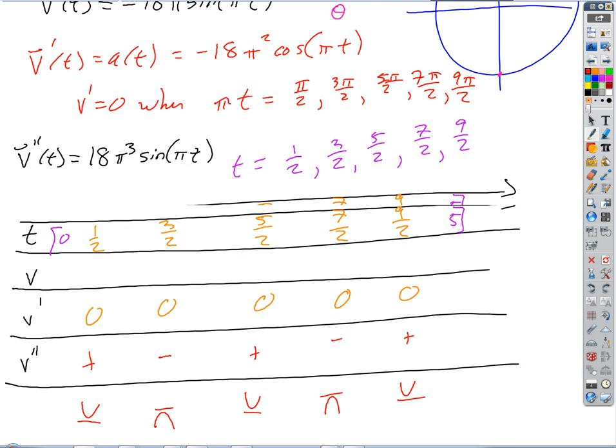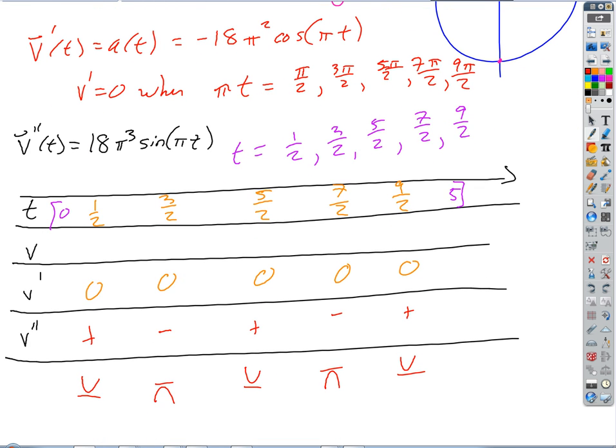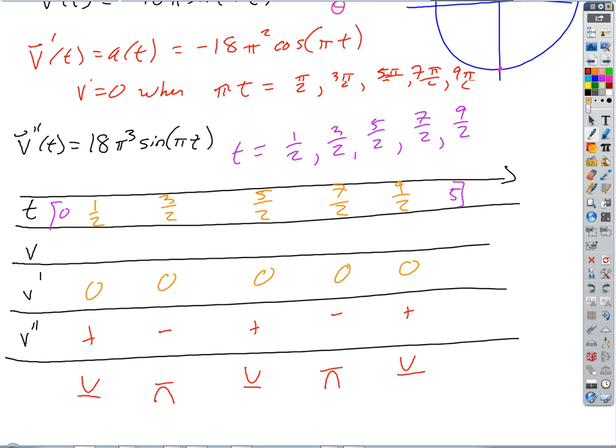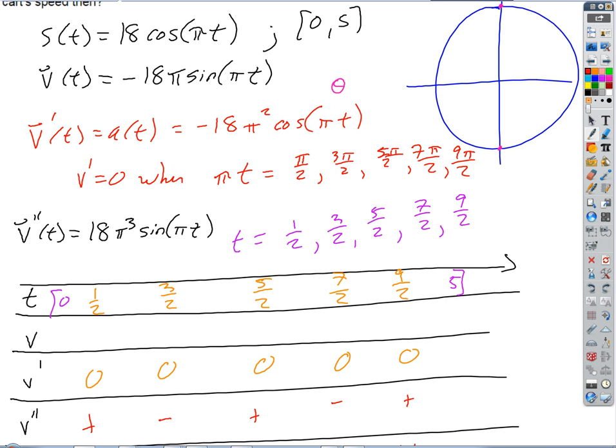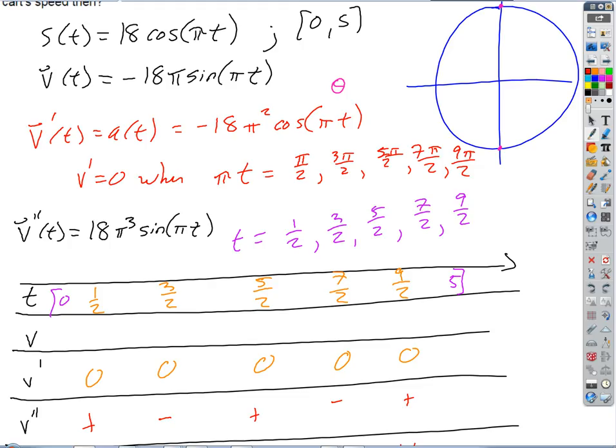So the point I'm making here is, even though these are minima, could they be maxima for speed? They could. In fact, if we evaluate the function at all those places, what are we going to get? If we go back to the original velocity function, we get negative 18 pi times sine of pi t.